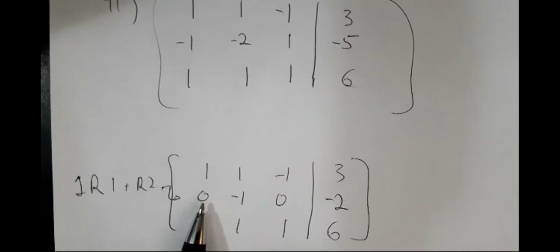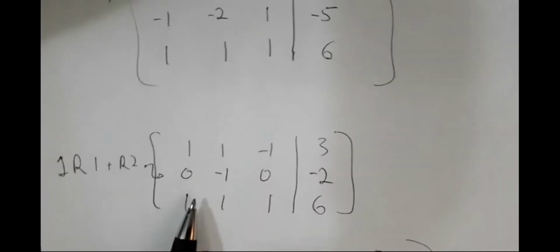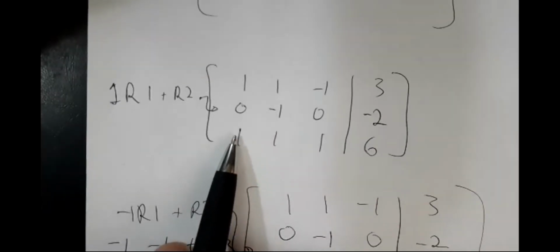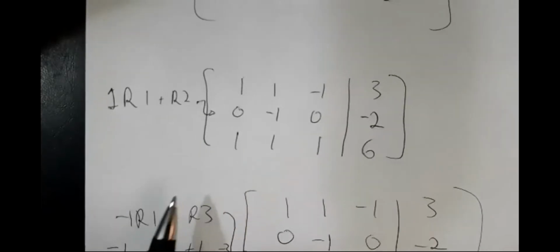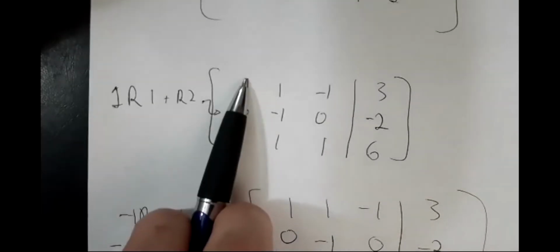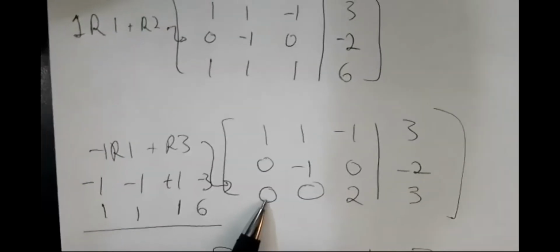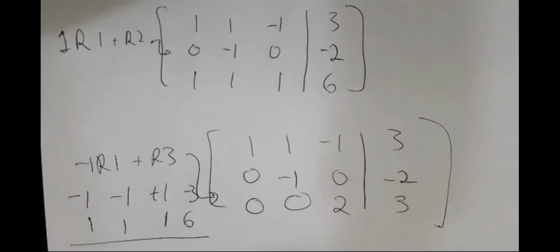Now we're doing the same thing with row 3. The additive opposite of 1 is -1. So I'm multiplying -1 by 1 to add to 1 to get to this 0. Okay, makes sense. Thank you.